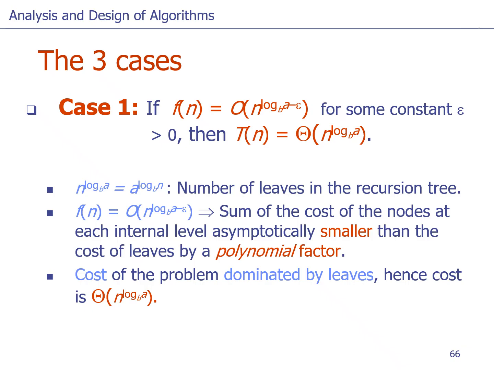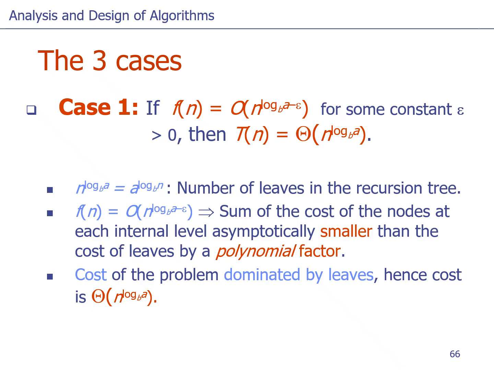In other words, if f of n is polynomially smaller than n to the power of log a base b, stating this in a different way, if the root level performance is asymptotically less than the leaf level performance, then our performance really is dominated by what's done at the leaf level. So we will pick that to be our performance. It's in theta of that performance.